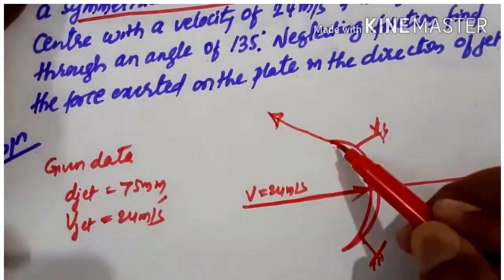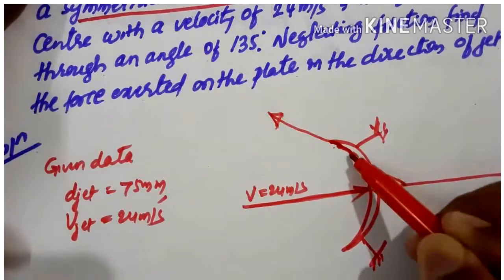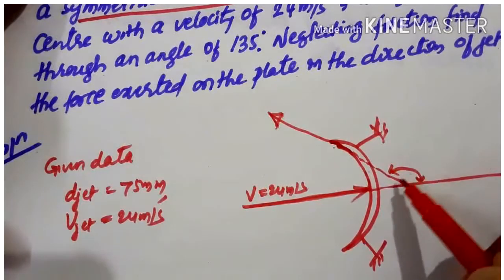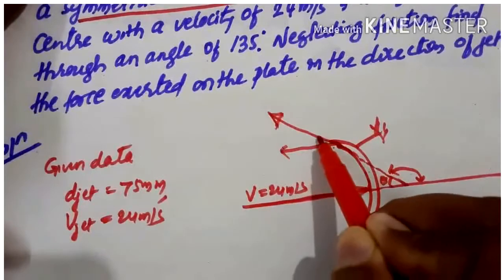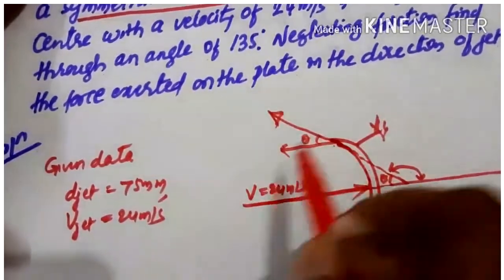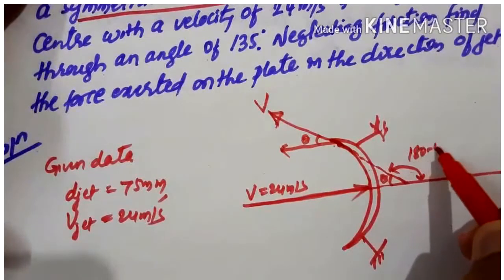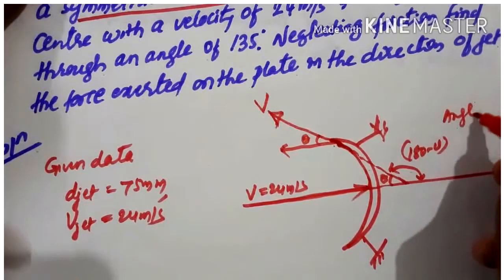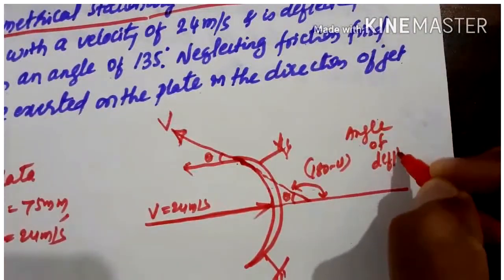Here, when you draw the tangent to the curve, this angle is theta, and again this angle is theta, and this is the velocity v. This will be 180 minus theta, which is the angle of deflection.